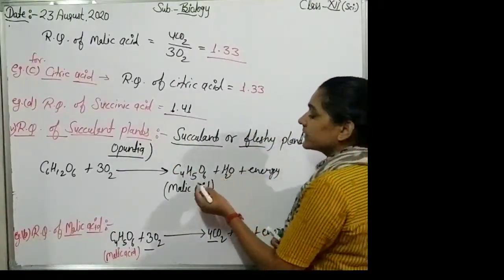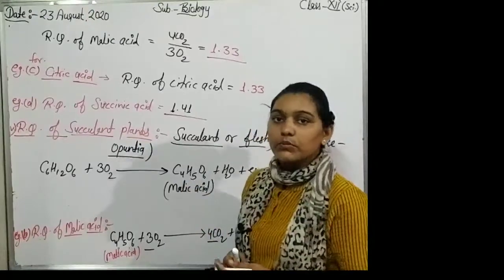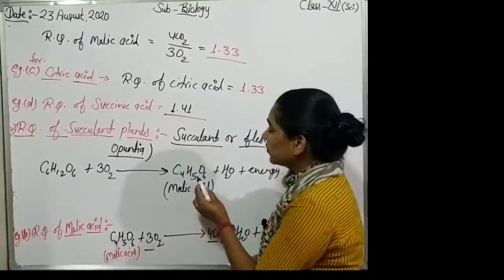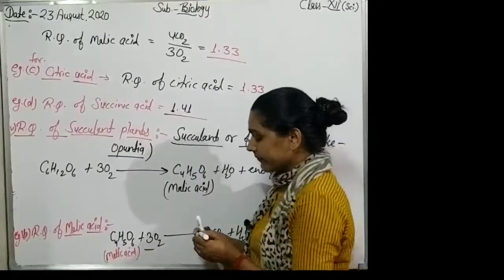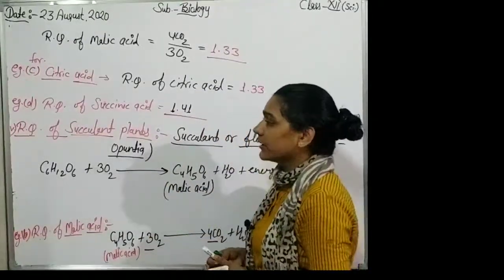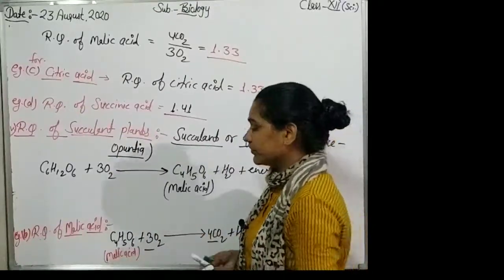So in succulent plants, malic acid is formed as an intermediate compound and CO2 is not released, then the ratio of CO2 and O2 is different and RQ is 0.